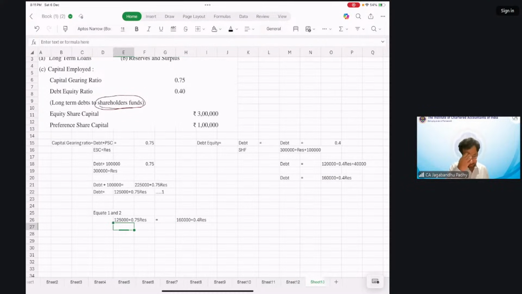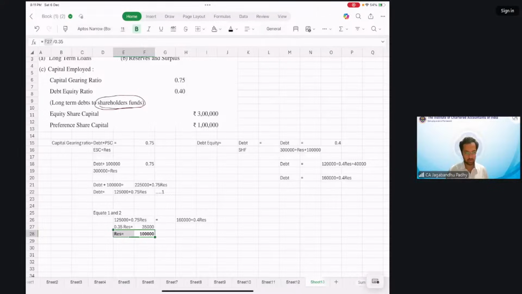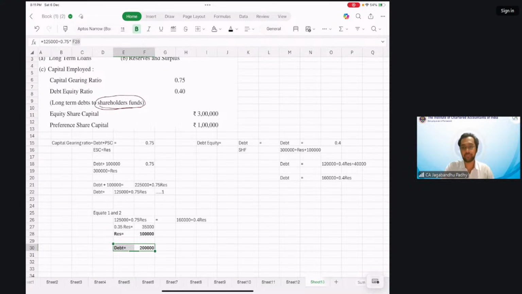So 0.35 reserves is equal to 1 lakh 60,000 minus 1 lakh 25,000. Reserves is 1 lakh. So we have debt as 1 lakh 25,000 plus 0.75 into 1 lakh. So debt is 2 lakh. Okay. Got it, guys?